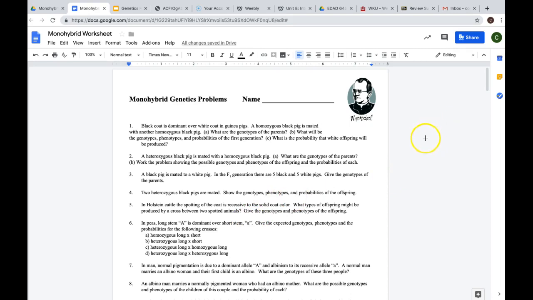So we're going to go heterozygous, big A, little a, and then a short stem has to be homozygous recessive. So we're going to have a Punnett square just like that. Then you can go ahead and do the genotypes, phenotypes, probabilities.